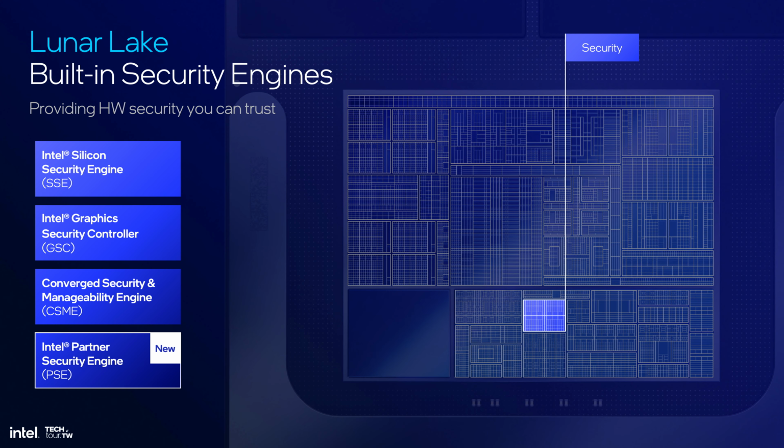So the Intel Partner Security Engine, from a security engine and hardware perspective, Intel has had a long history in the hardware that we develop and how securely we design, validate, and maintain our hardware. It's an instantiation of our leading edge security engine hardware, but it's a dedicated instance because it has specific functions and usages that we want to keep isolated from the rest of our hardware, including the rest of our security engines.